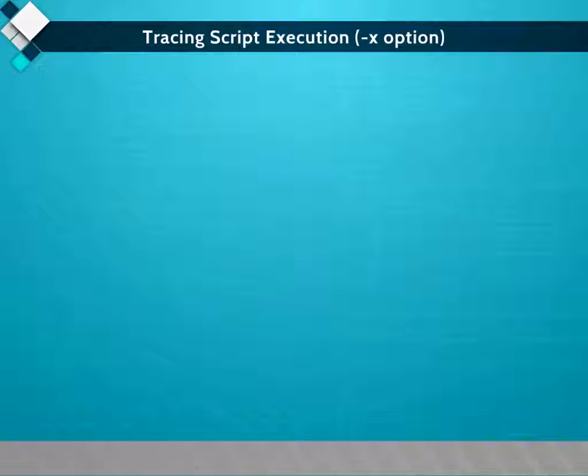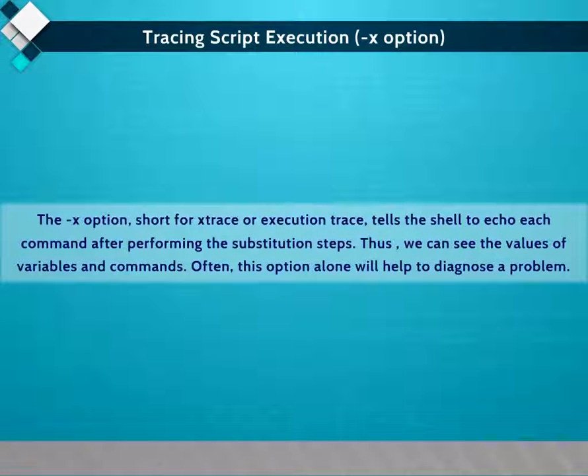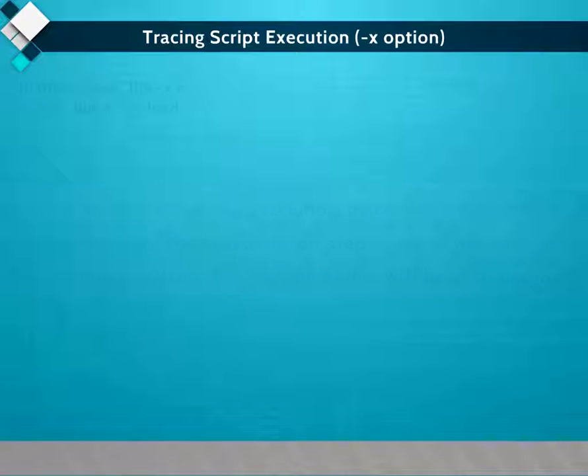Tracing script execution, that is the -x option. The -x option, short for xtrace or execution trace, tells the shell to echo each command after performing the substitution steps. Thus, we can see the values of variables and commands. Often, this option alone will help to diagnose a problem.